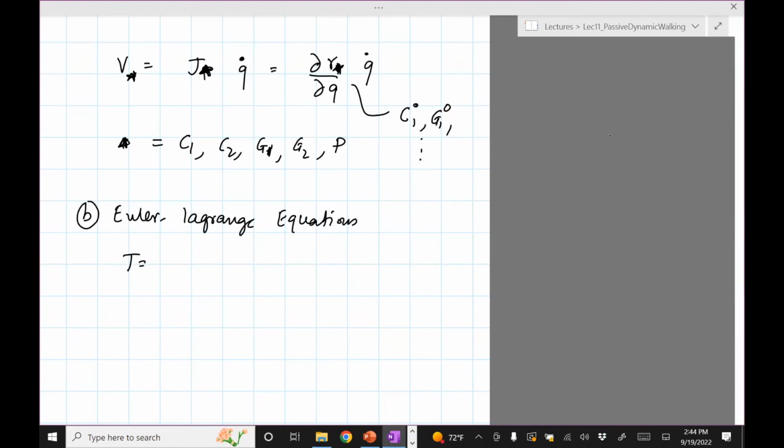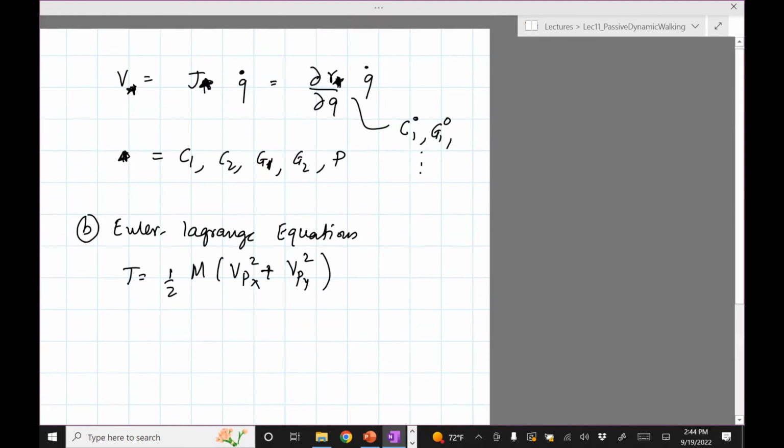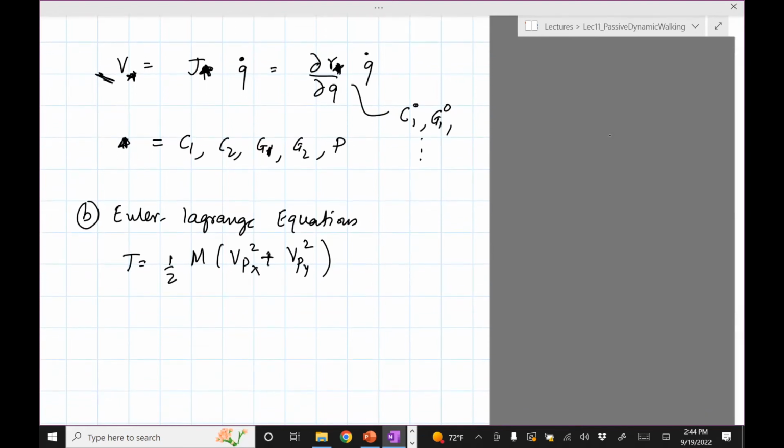So here we write half m times v of px squared plus v of py squared. When you compute the velocity in this fashion, you'll have two components, x and y. Take the x component, square it, take the y component, square it, and sum it up. That's the velocity for the point mass on the hip.